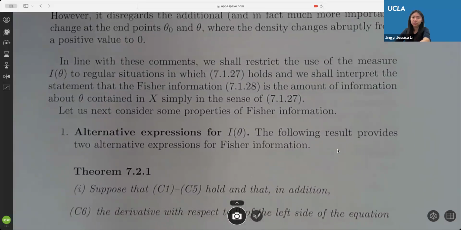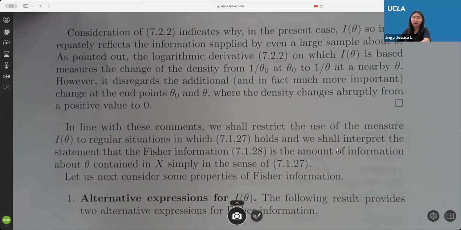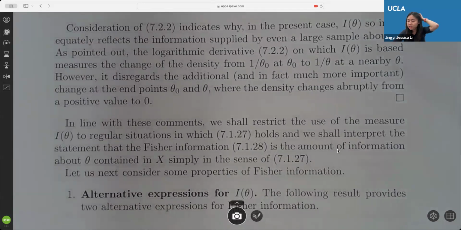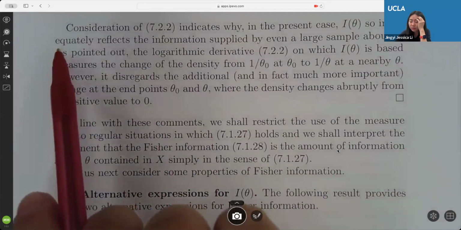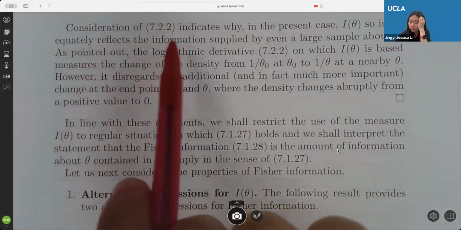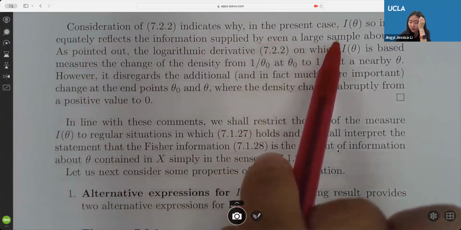Yeah, so this result told us that Fisher information I(theta) so inadequately reflects the information supplied by even a large sample about theta.